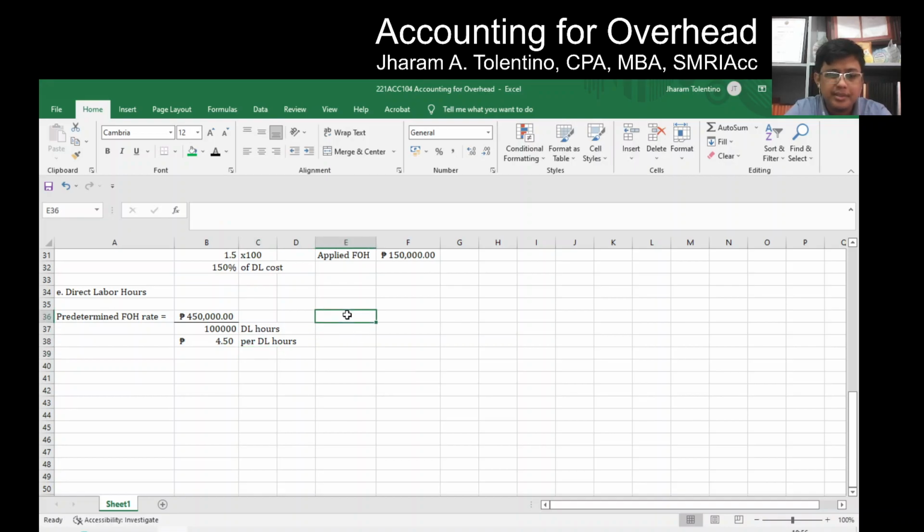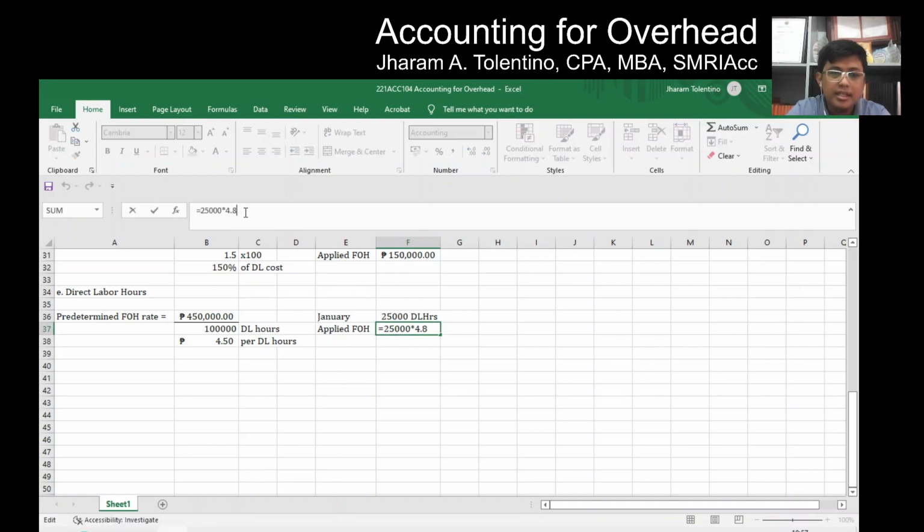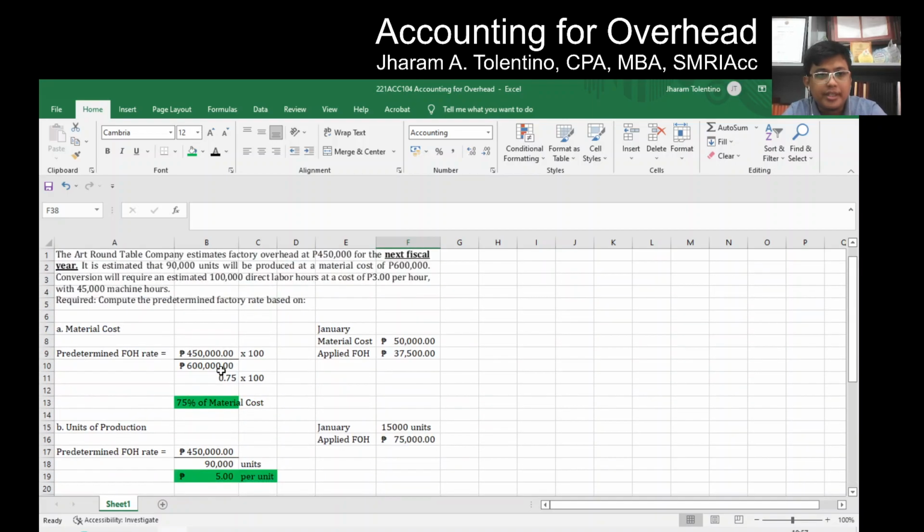So, halimbawa, in the month of January, nakapag-incur yung company ng 25,000 direct labor hours. Halimbawa lang. How much will the applied factory overhead be? Simplified. That's 25,000 times 450, which is 11,250,000. Okay, so that's how you prepare.